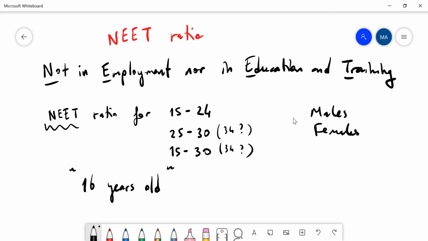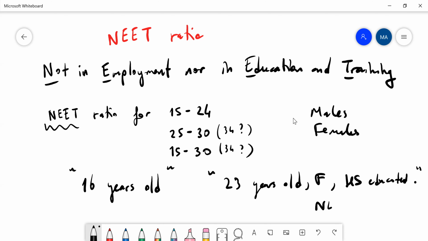If you think about it generally, that person, female or male, should be in school. If not in school, there could be a reason. Of course, we are assuming away disabled people, people serving the state, etc. So military people, etc. So forget about them. But if you're a citizen, suppose that you are 23 years old, and you are, let's say, female, high school educated, and you are in NEET.